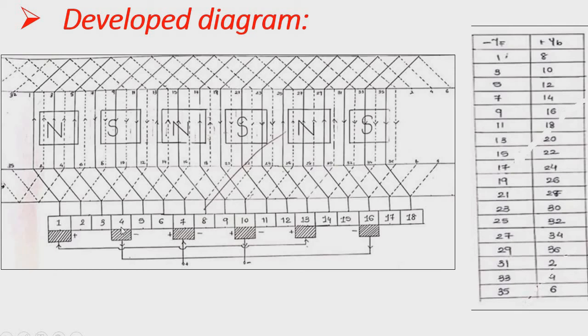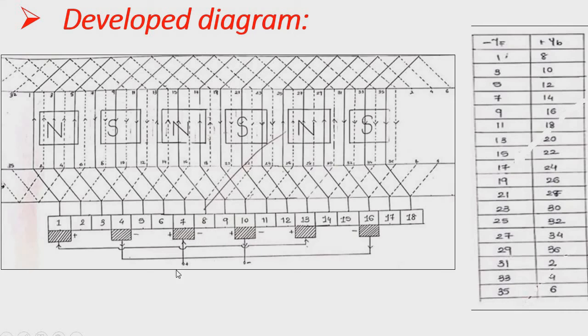Then add 4, commutator number 4, again one brush is provided and it is minus, then skipping the remaining 2 commutators, again a positive brush. This is positive brush, this is negative brush, this is positive, this is negative.